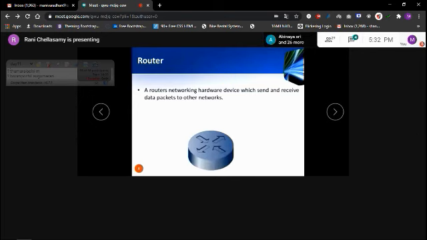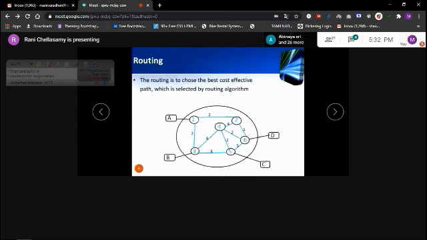Okay, that number is called cost. So each link or edge is associated with cost. That refers to the cost of the path. Okay. So suppose if A has to reach the destination C, then it has many routes to send. So A node will select the best path.